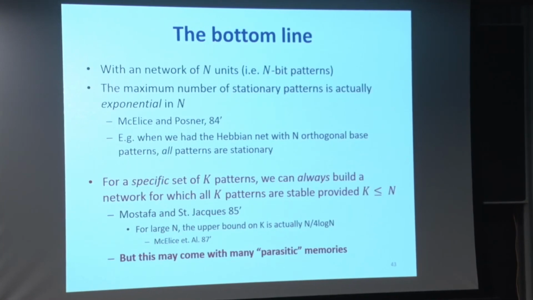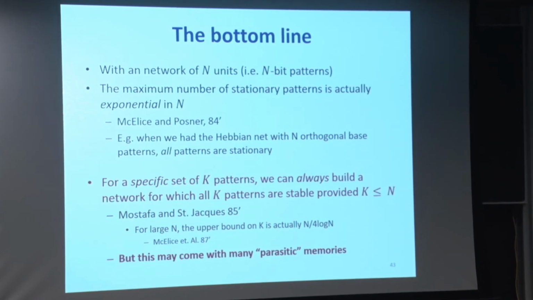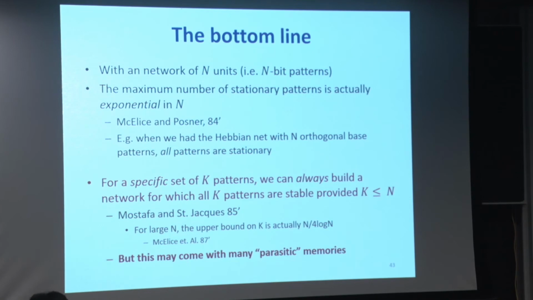Your weights matrix. So here's the bottom line. With a network of n units, the maximum number of stationary patterns is actually exponential in n. It's not n. We saw this in the case where all of my target patterns were orthogonal. Every pattern was stored. Every pattern was stationary, right? We had 2 raised to n patterns that were stationary.